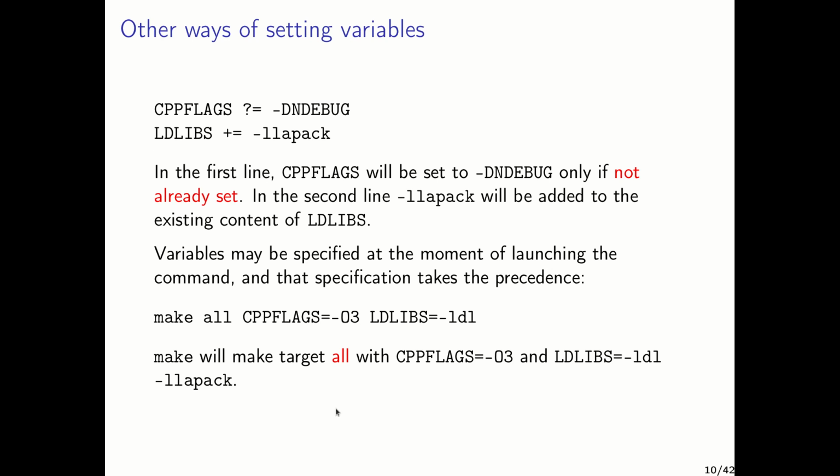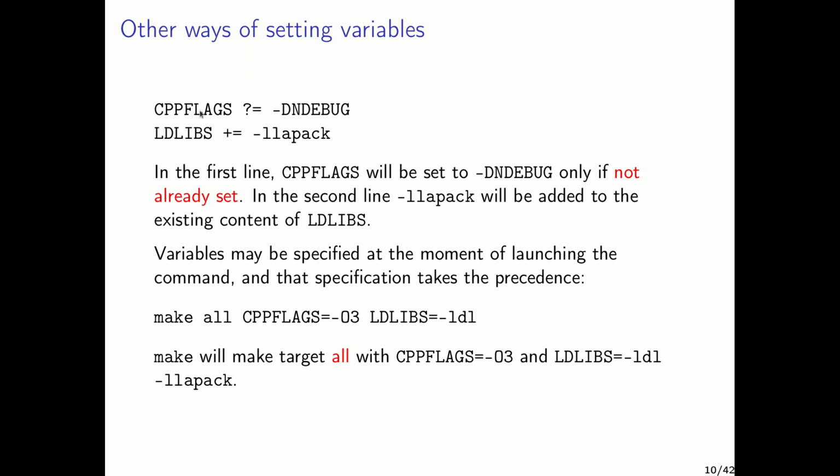There are other ways of setting variables. One is this one with question mark equal. This tells: if CPPFLAGS has not already been defined, define it as -d and debug. If not, keep the value it has.